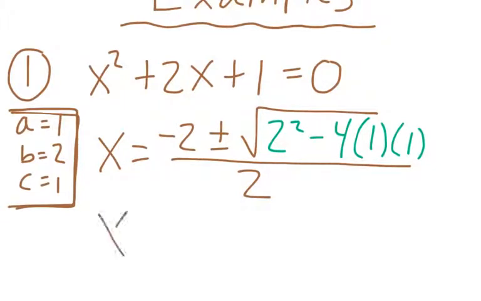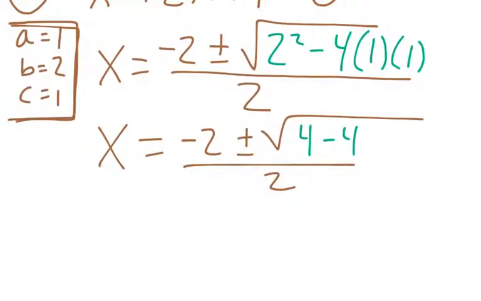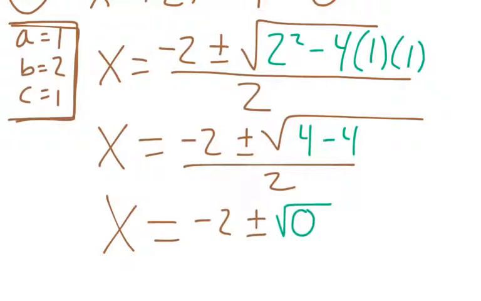What I have is negative 2 plus or minus, and this part in green is 4 minus 4, all over 2. So x equals negative 2 plus or minus 0, because the root of 0 is just 0, all over 2.